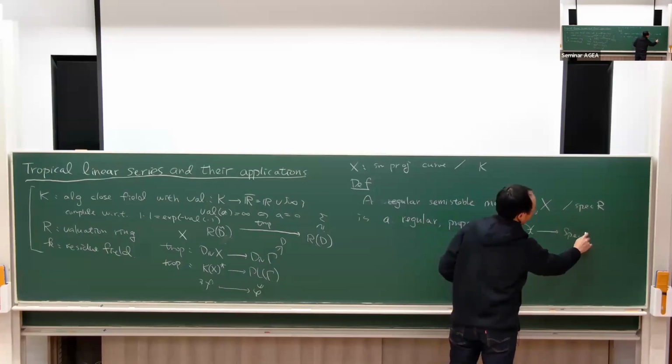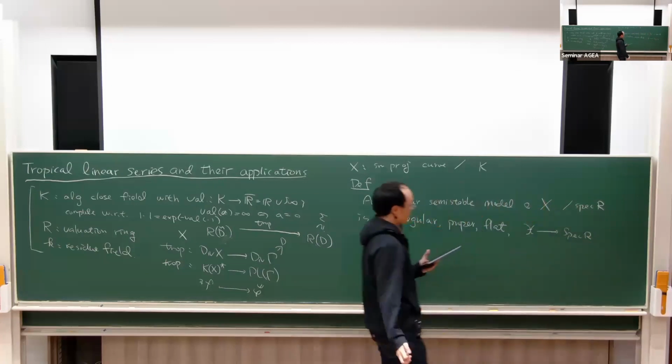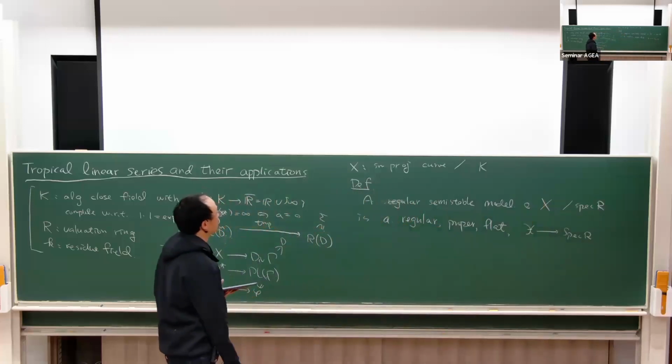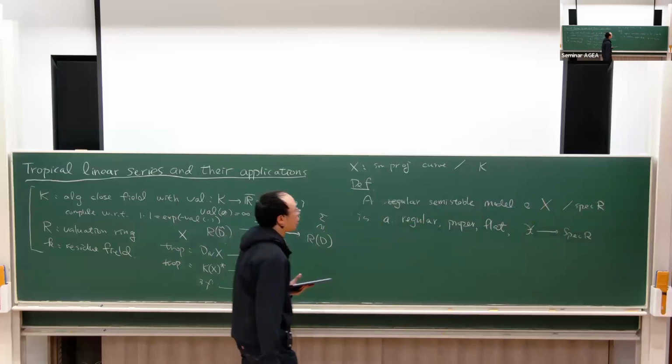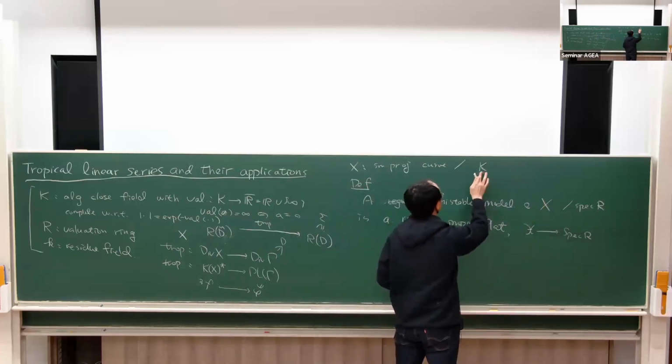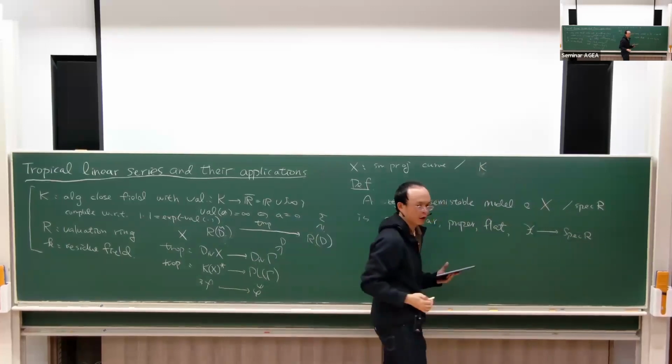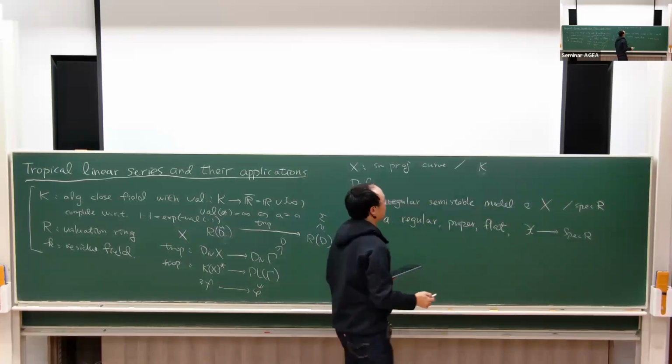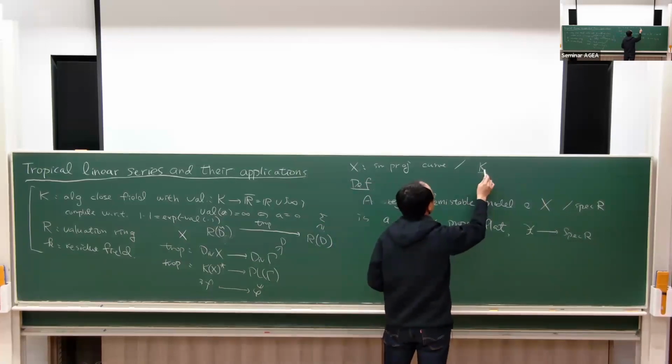So typically, should we take K as, for instance, the algebraic closure of the field of rational functions? Yes, but here actually our K, we can assume that K is itself algebraically closed, but it's slightly different.